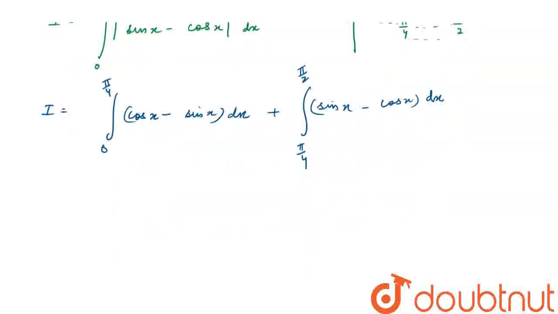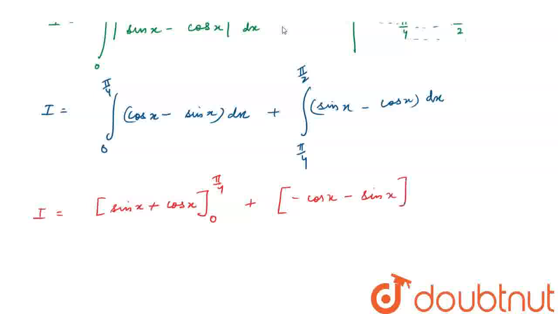Let's integrate this. The integration of cos x is sin x, and the integration of sin x is minus cos x, so this will become plus cos x, with limit 0 to pi by 4, plus the integration of sin x is minus cos x, the integration of cos x is sin x, so this will become minus sin x, with limit pi by 4 to pi by 2.